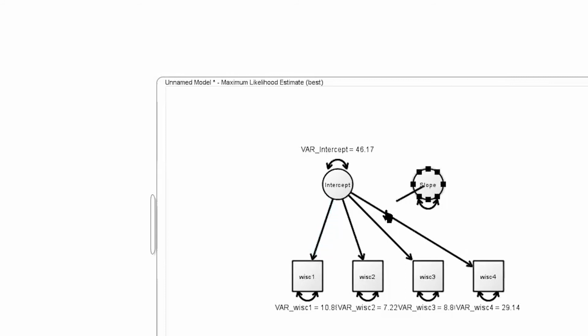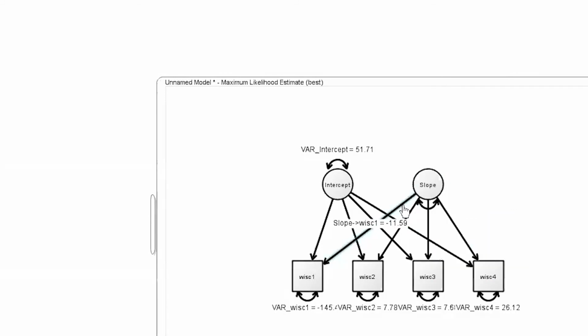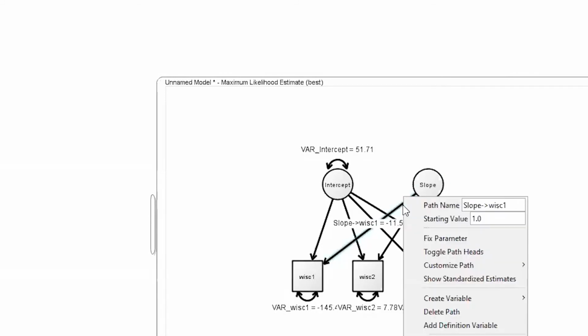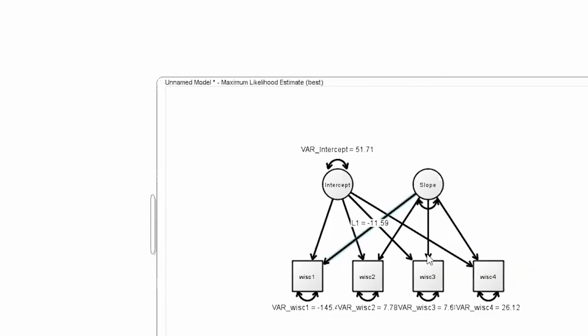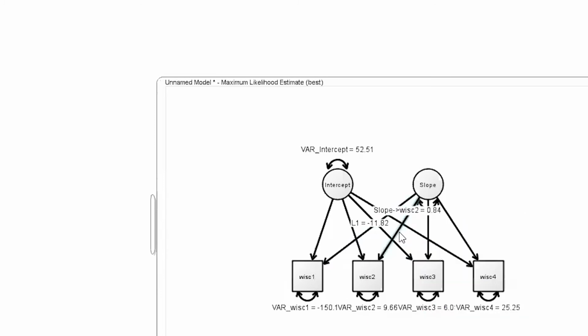Now I'm going to draw arrows from my latent variable to each of the variables in turn here. I'm going to free these. And to make the diagram a little tidier, since these names get really large, I'm going to start giving them names like L1 for loading number 1. And similarly for the next variable, L2.